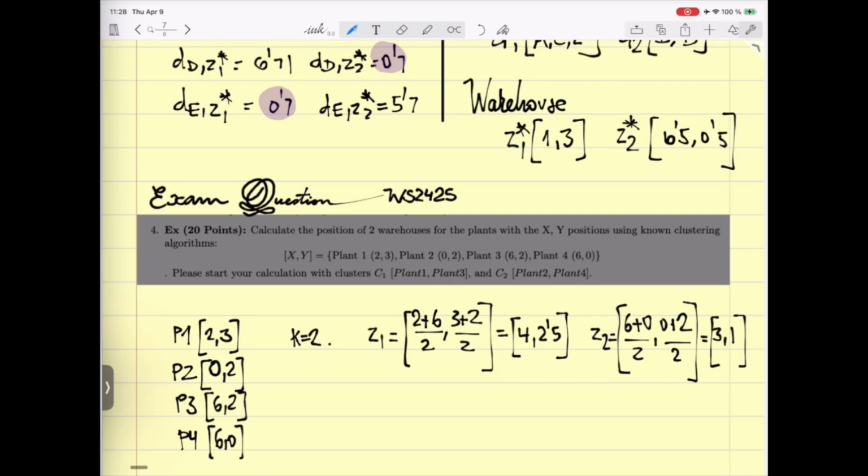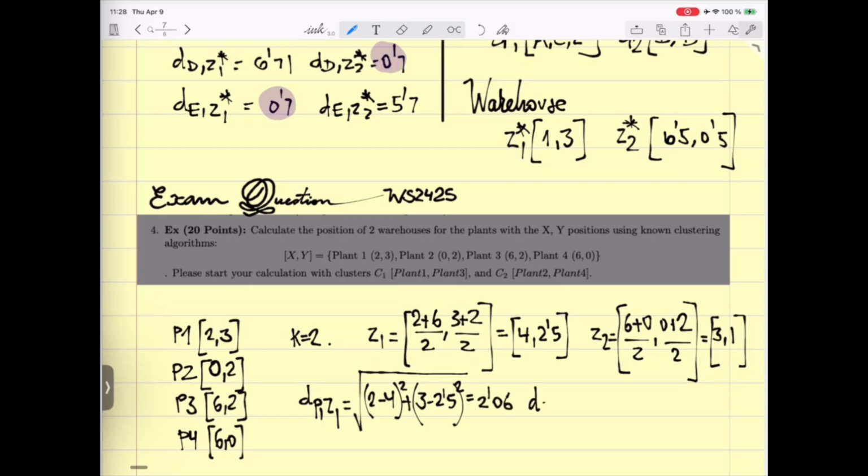Then we calculate the distances between P1 and Z1, which is going to be the square root of 2 minus 4 squared plus 3 minus 2.5 squared. If we do that real quick with our calculator, we get 2 squared plus 0.5 squared, and then the square root of that is 2.06.